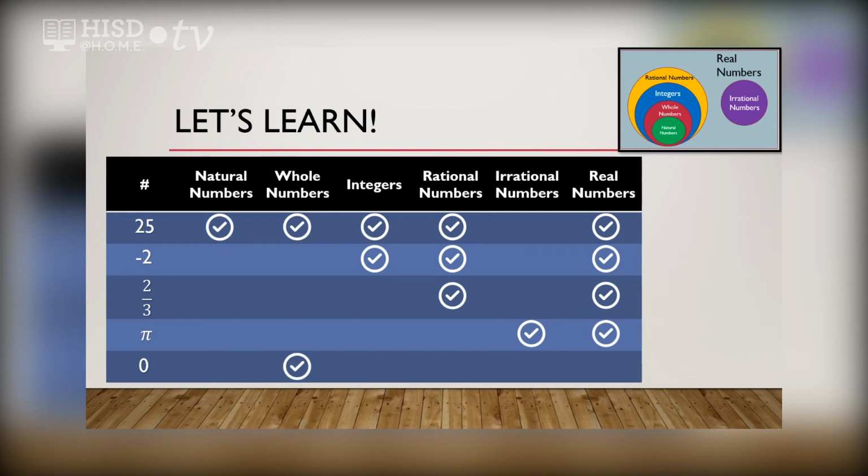So the number 0 is part of the whole numbers. And of course, if it's part of the whole numbers, it's a subset of the integers. So that means that it's also part of the integers. And we can further say that it is part of the rational numbers. Very good. And if it's a rational number, it's also a real number.